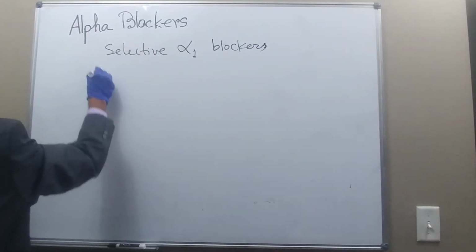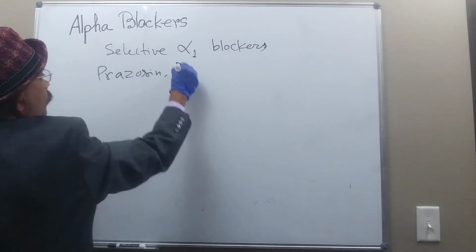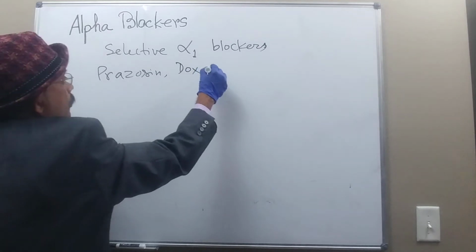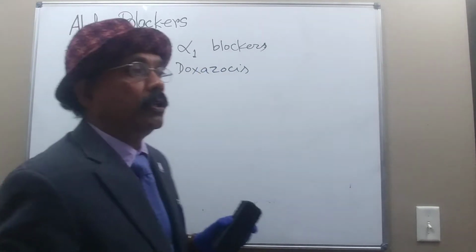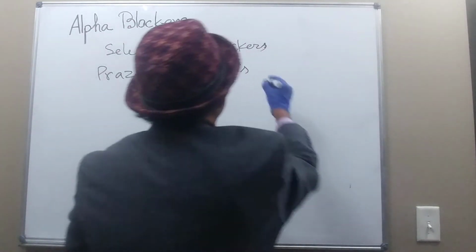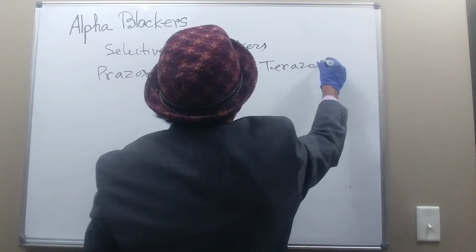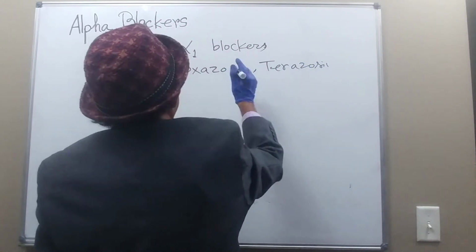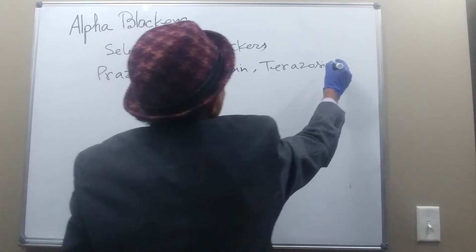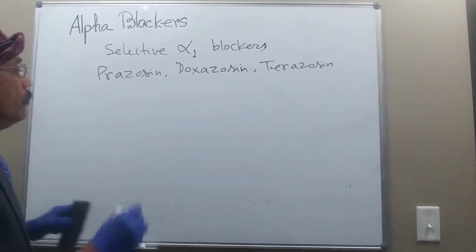These are prazosin, doxazosin, terazosin, and another drug called tamsulosin.